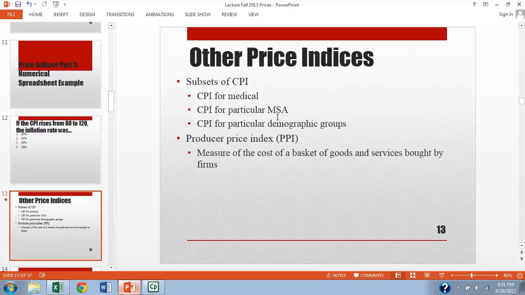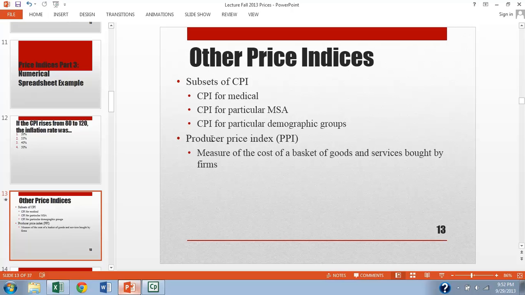We could even potentially look at the CPI for particular demographic groups, because different demographic groups have different market baskets, different average consumption patterns. And then we could also look, not usually something that most of us are directly interested in, but we could look at the producer price index. So the consumer price index measures the price of things that are typically bought by consumers.